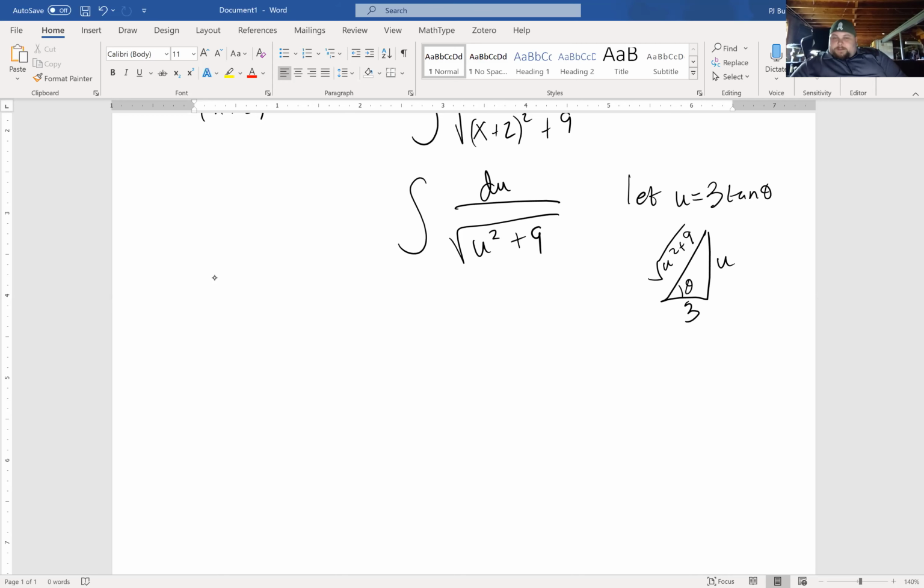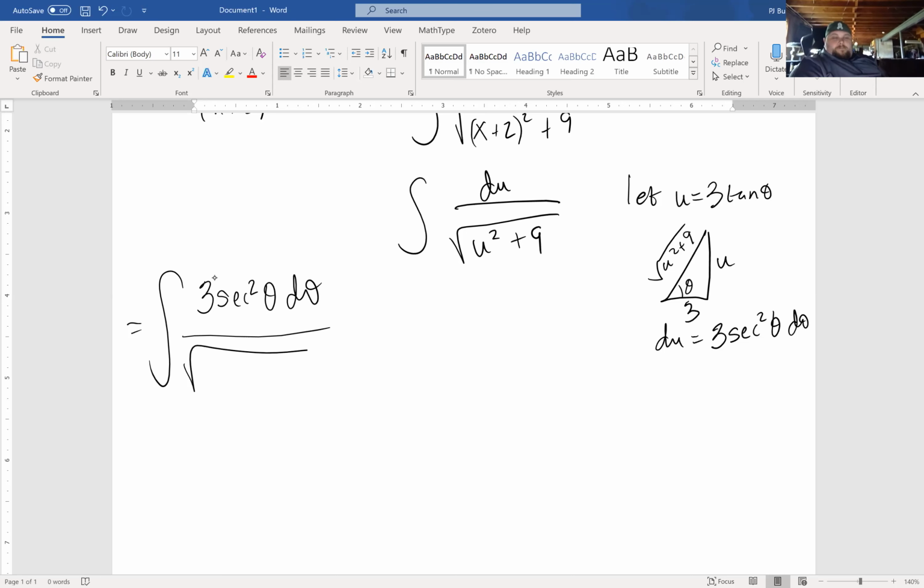So that's the correct substitution. And then we need du. So that'd be 3 secant squared d theta, right? So plug everything in. And simplify.